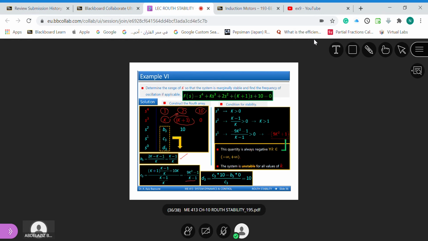And D3 will be simply C3 multiplied by 10 minus B3 multiplied by 0 divided by C3, you will get 10. So the most important thing are B3 and C3.